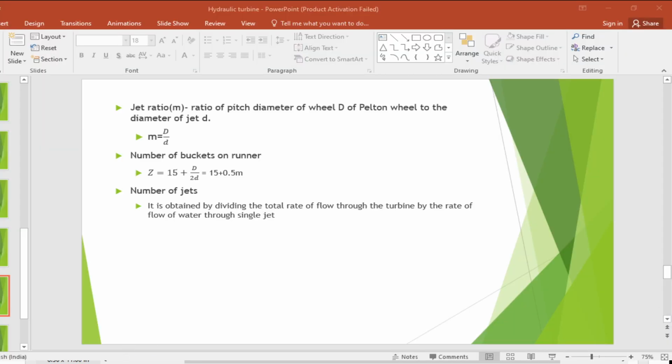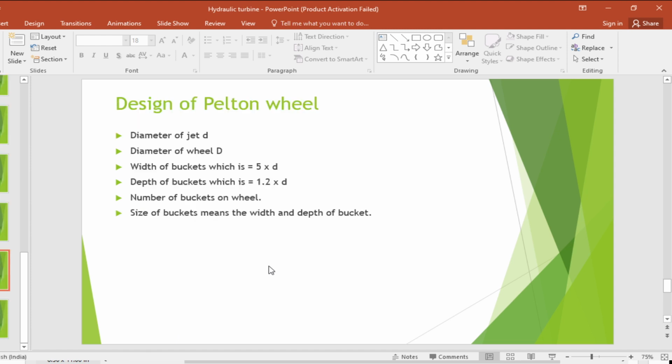For the design, you have to remember some points. You have to determine the following data.